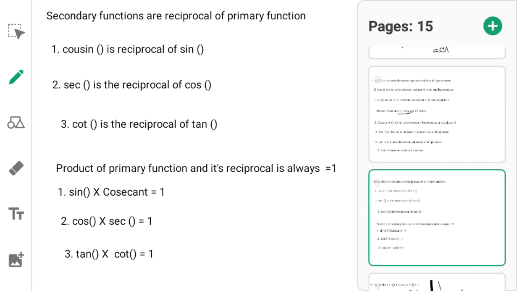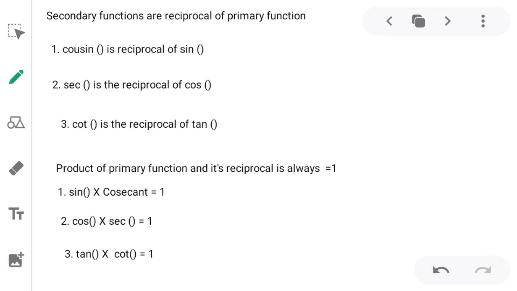Sin theta times cosecant theta gives 1. Cos theta times secant theta gives 1. Tan theta times cot theta gives 1. So multiplication of a primary function and its reciprocal will always give the product 1.